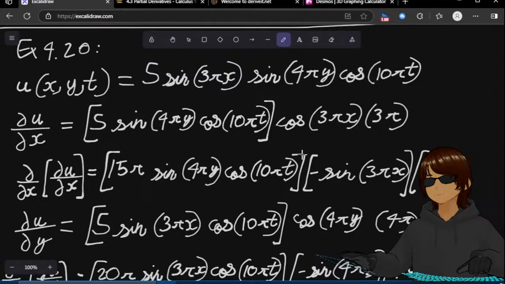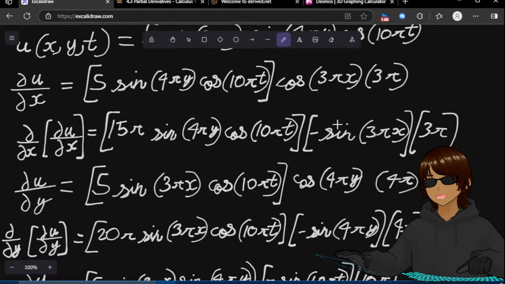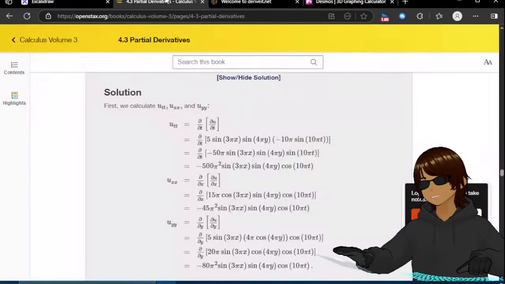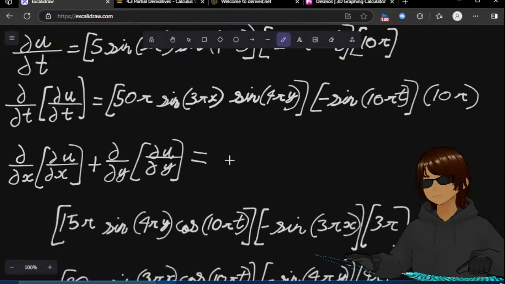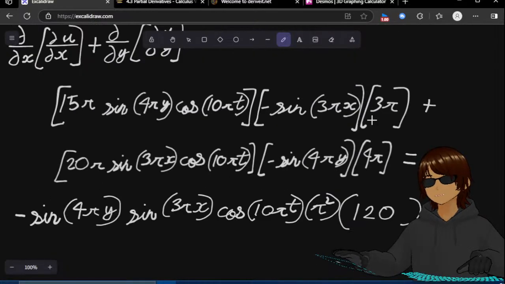Hold on, maybe the first one is the issue. Okay, is it 80? Is 80 correct? Minus 80 minus 45. Those are correct. I think the issue is here then.